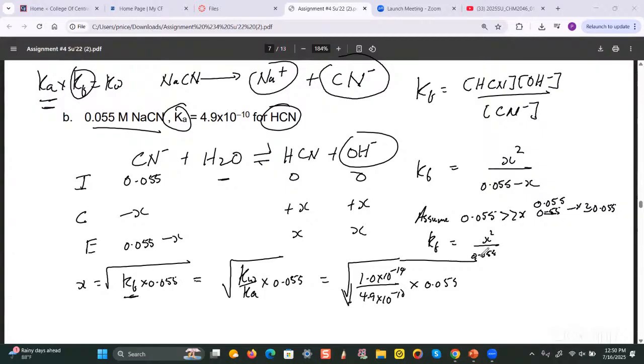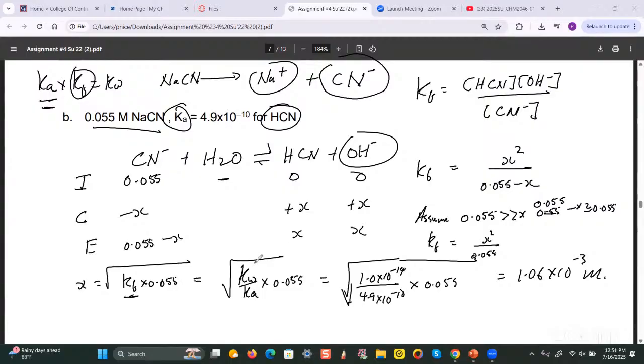So let's see what that gives. 1 times 10 to the minus 14 times 0.055 divided by 4.9 times 10 to the minus 10, and then we find the square root of all that. And according to my calculation, rounded off to 2 sig figs, the answer is going to be 1.06 times 10 to the minus 3 M. All right?